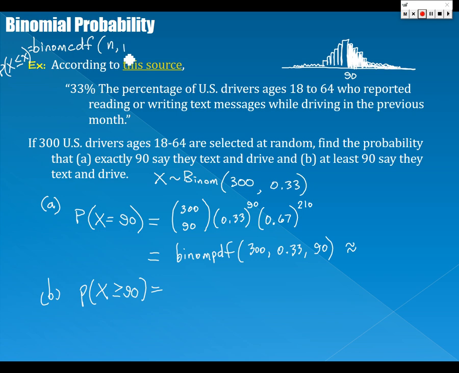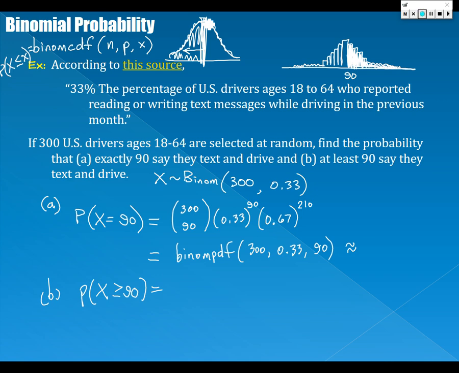So n, p, x is the syntax, and what it always interprets is not the thing we want, unfortunately, but always the value we're at and everything lower than it. So if you've got a distribution here, it always calculates your value, including your value, and to the left. That's just always what we mean by a cumulative distribution function.